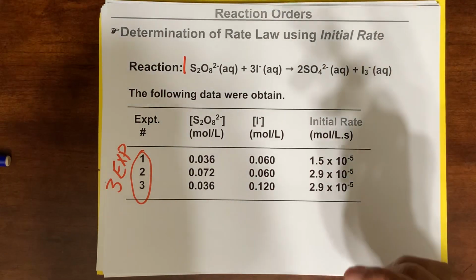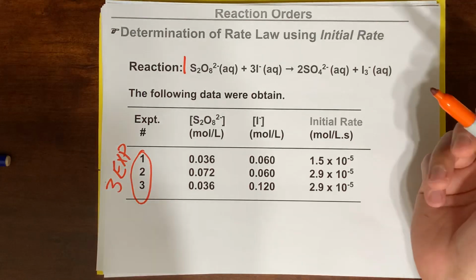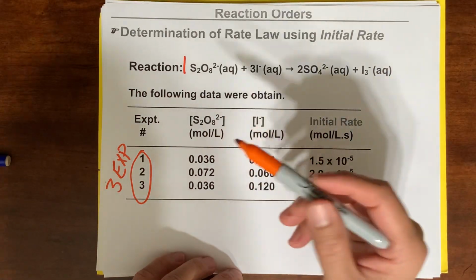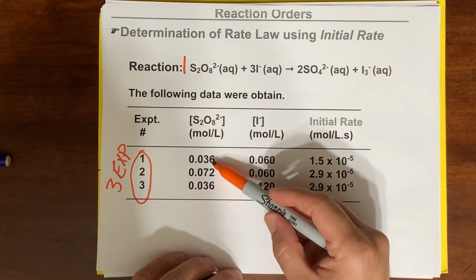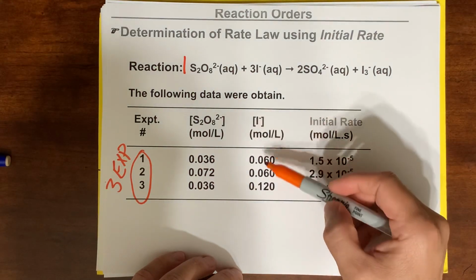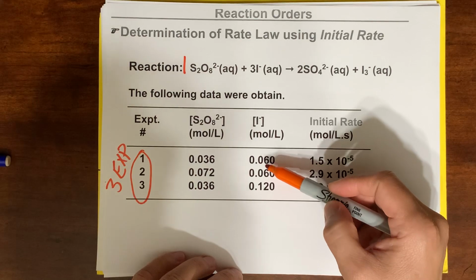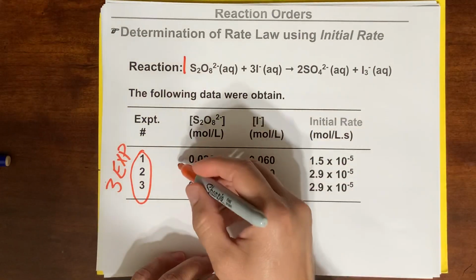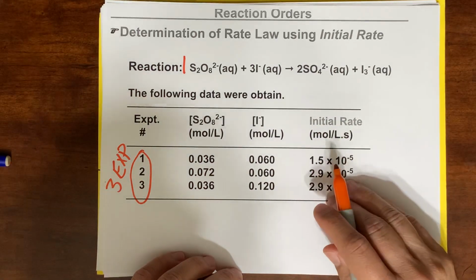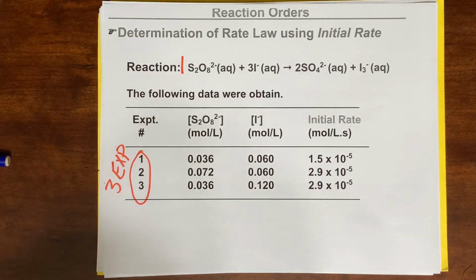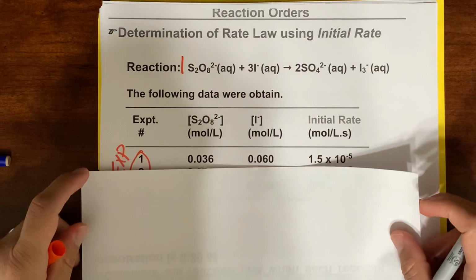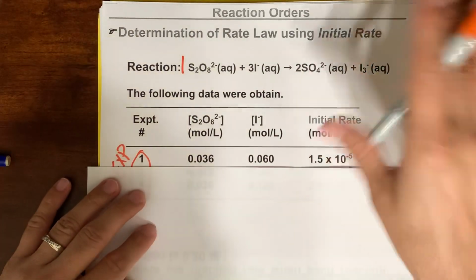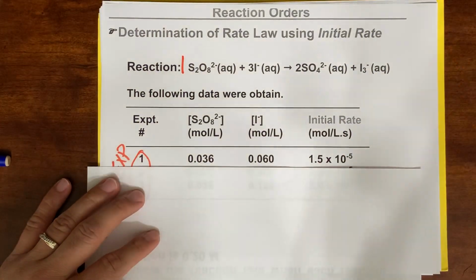Again, I will start, for example, with S2O8, initial concentration 0.036, iodide 0.06. I do this experiment and I get the rate. Whatever you got, you're completely blind to the experiment, to the reaction, to the mechanism. You did it and you got this data.